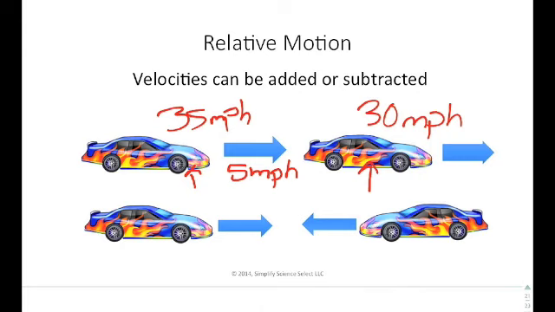If I'm measuring from this car, it appears to be motionless, so the other car that's just moving 5 miles per hour faster appears to be approaching me at 5 miles per hour. That's where rear-end collisions are generally minor fender benders.